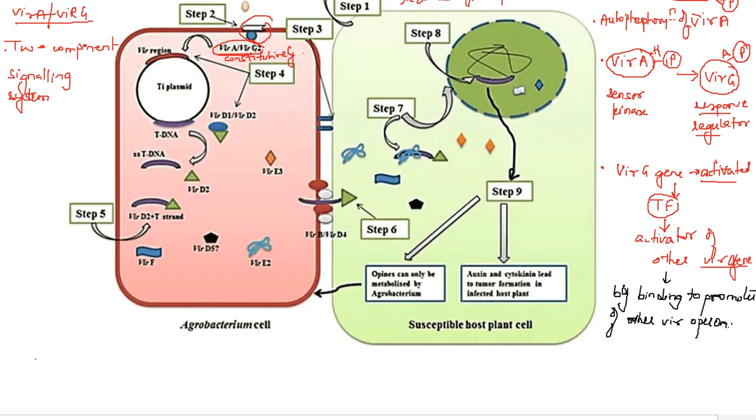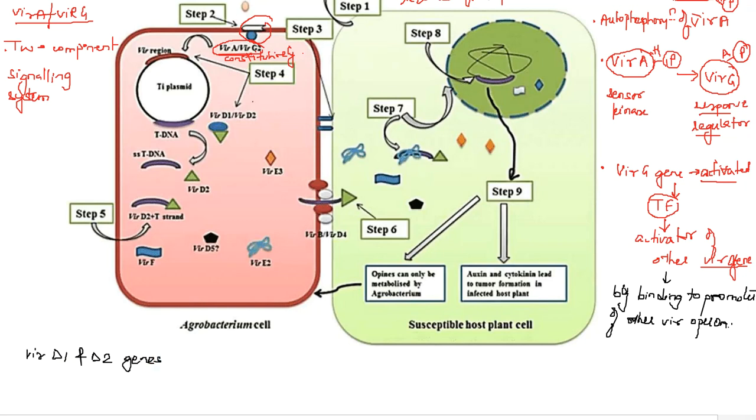So the first vir genes activated after vir G binds are vir D1 and D2. Vir D1 and D2 genes will be activated.